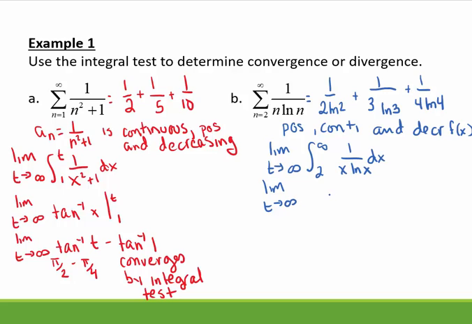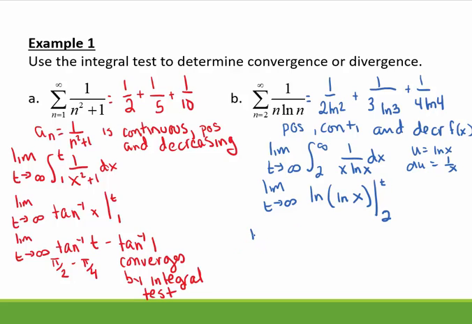That's a u substitution, just so you guys realize that. The antiderivative of that is ln of the ln of x, because your u is ln x, and your du is 1 over x. Evaluated from 2 to t.